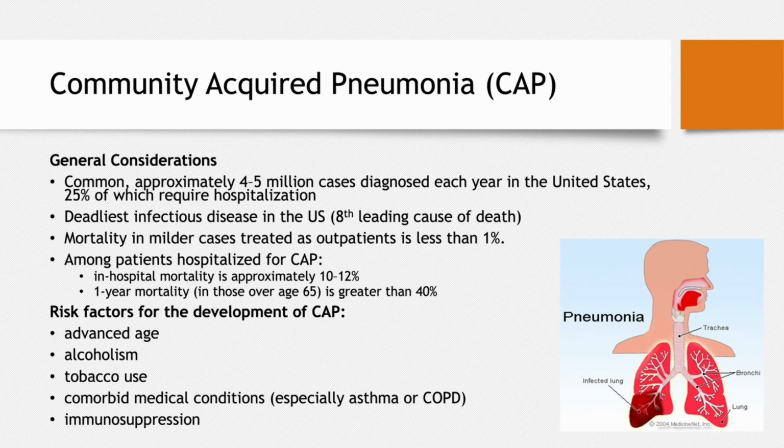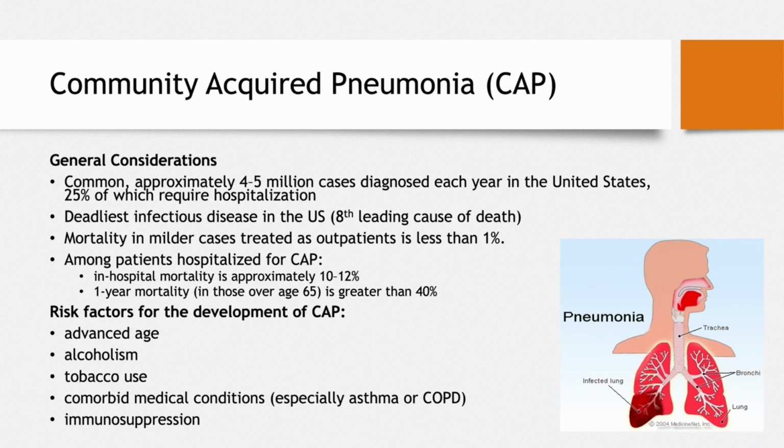We know that most of the time in mild cases, its mortality is really low. It's less than 1%. But amongst hospitalized patients, we have a higher mortality rate, 10 to 12%. That's pretty high. And then you see here some more statistics that those over age 65, within a year of having community-acquired pneumonia, you have a greater than 40% mortality rate, and that's really high.